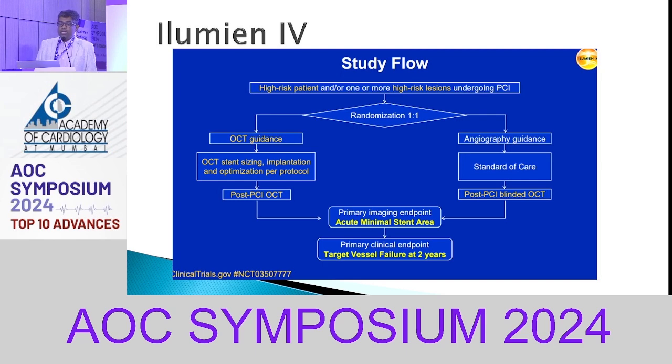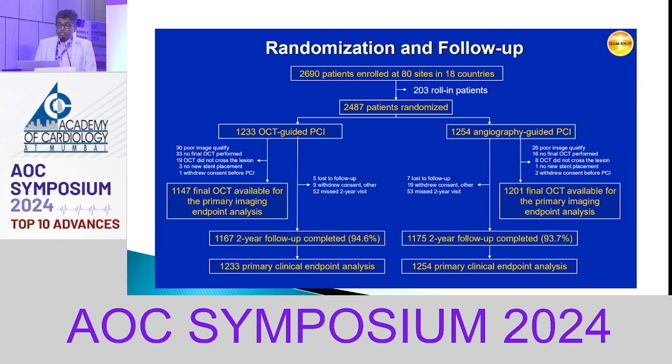The OCT-guided PCI had pre-procedure OCT and post-procedure OCT, and primary endpoints were acute minimal stent area and target vessel failure at 2 years. But in the angiography arm, after the procedure was completed, a blinded OCT was done in all patients so as to compare the primary imaging endpoint. There were more than 1200 patients in both arms, and 2 years follow-up was done.